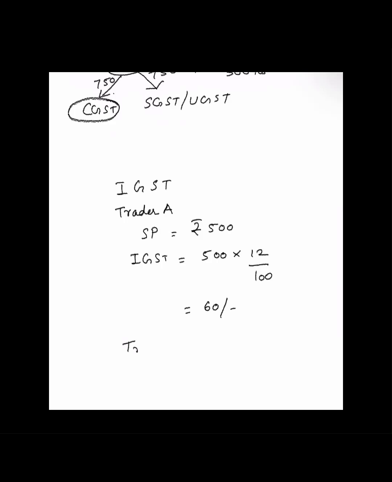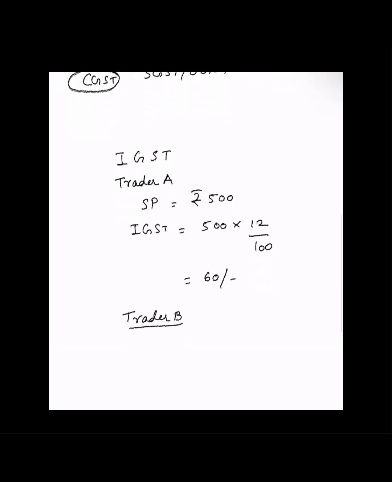Now let me take it for trader B. Before that, let me draw some figure. This is A. A is selling to trader B. So now trader B's cost price is 500. And what is the input tax credit for him?